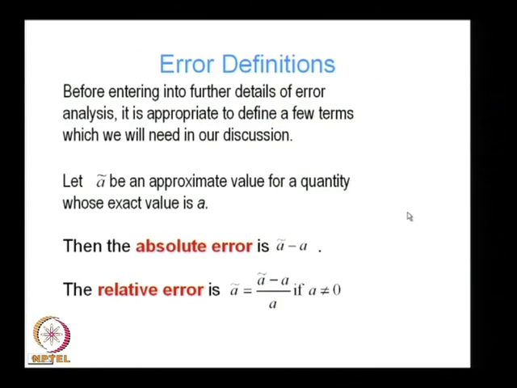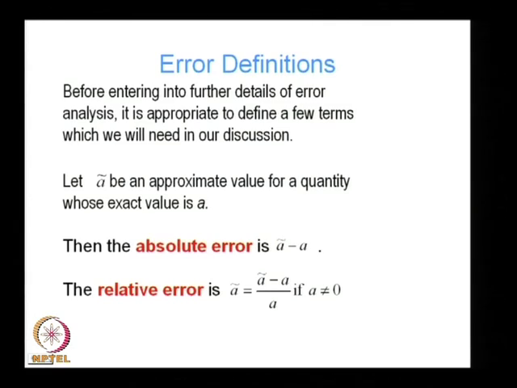Before entering into further details of error analysis, we would like to define a few terms which we will need in our discussion. First, the terms that we want to define relate to two types of errors. If we denote A tilde to be an approximate value for a quantity whose exact value is A, then we define the absolute error as the approximate value minus the true value.